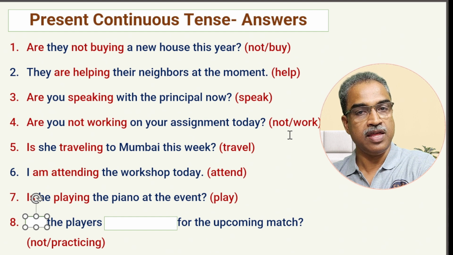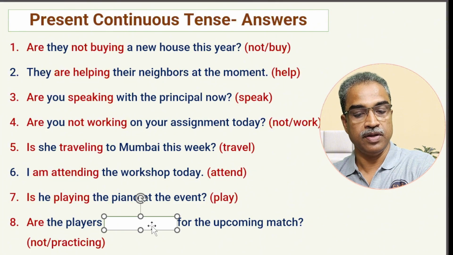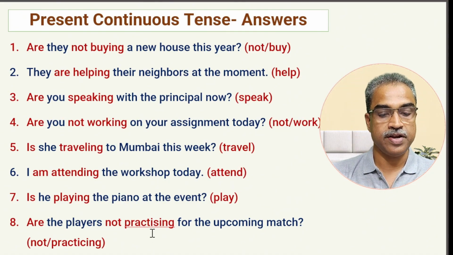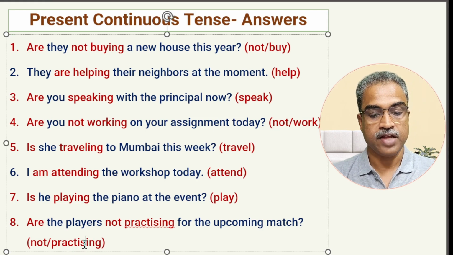So after they, in the present continuous, which auxiliary verb? Which form of the verb be? Are. So are the players, or are they? Instead of are they, we use here are the players not practicing for the upcoming match. Are the players not practicing for the upcoming match?